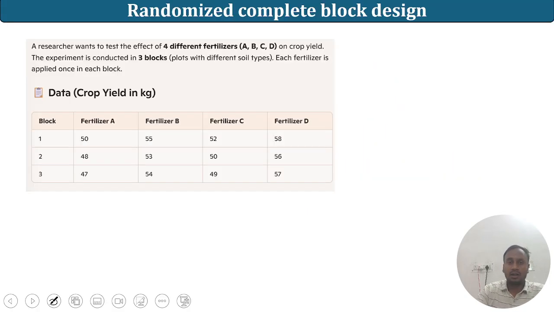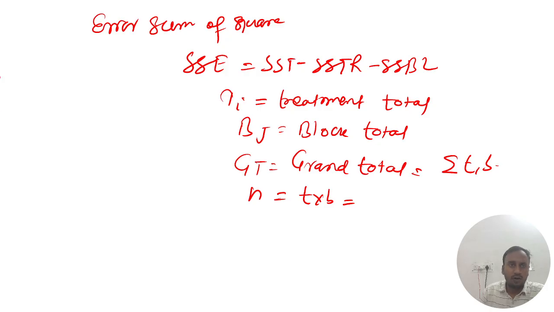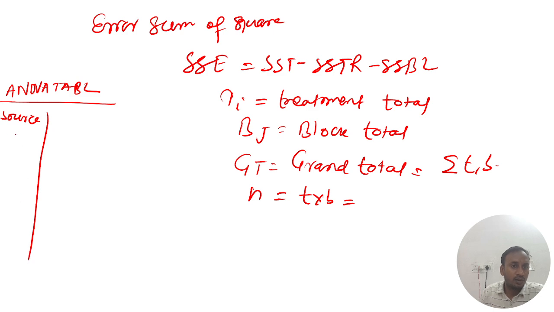So what will be the ANOVA table? First one is the source. What will be there? Treatment, block, error, total.